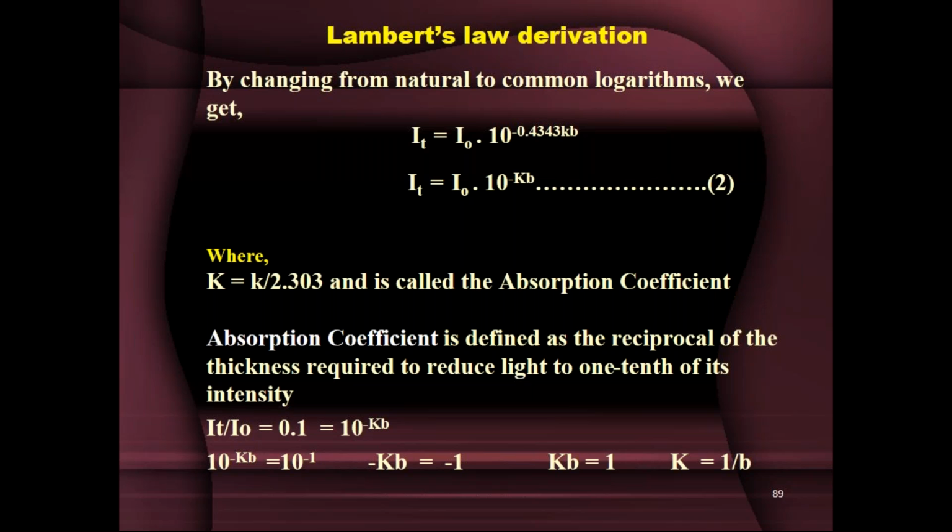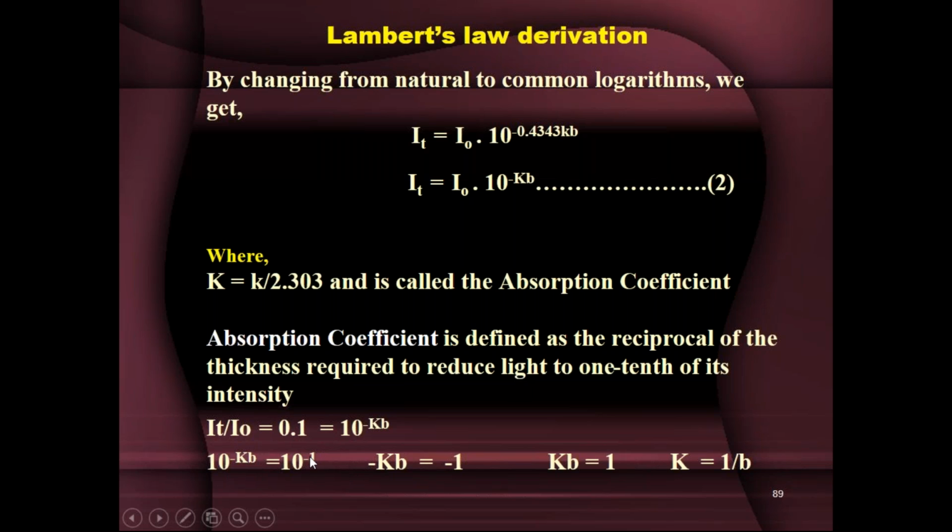And from this equation, if you take IO down, IT by IO will be 10 raised to minus capital KB. And IT by IO is 1/10, so it is equal to 0.1. It is also equal to 10 raised to minus KB. So that is 10 raised to minus 1 equals 10 raised to minus KB.